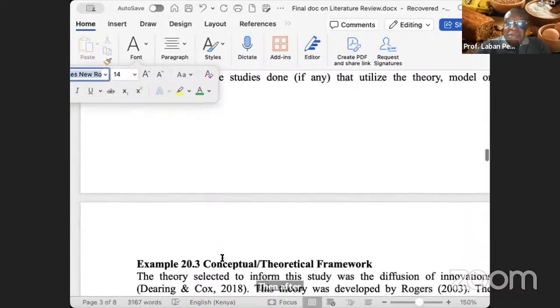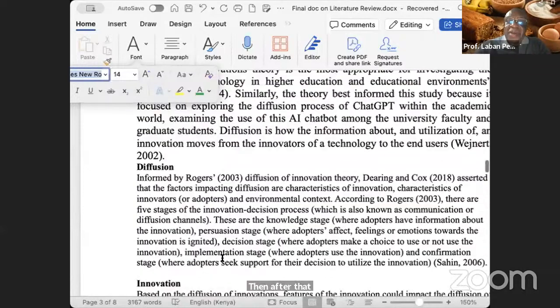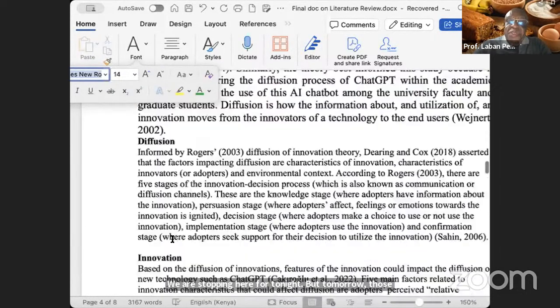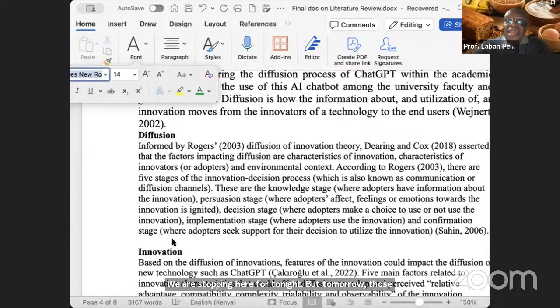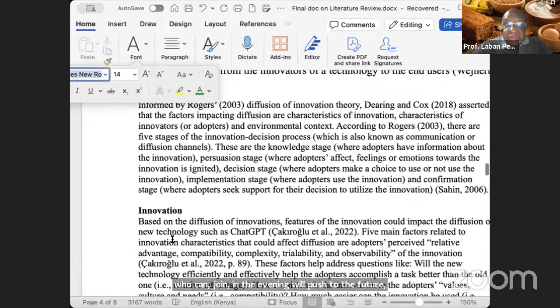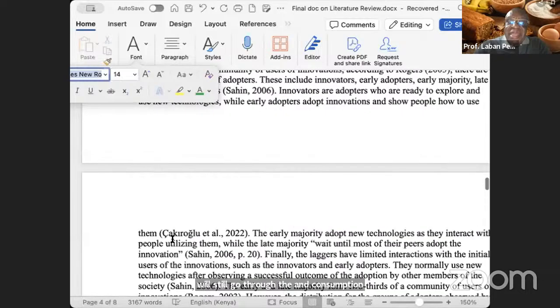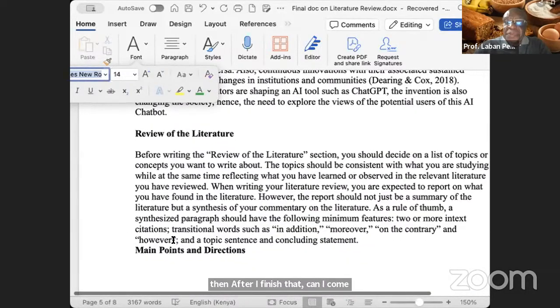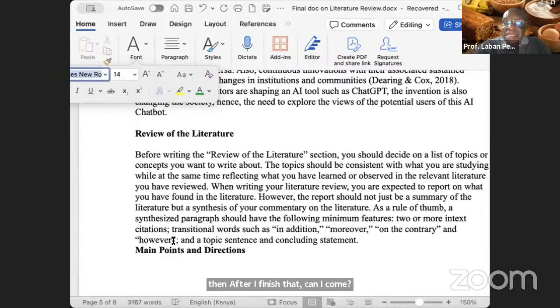after you've done the conceptual and theoretical framework, we are stopping here for tonight, but tomorrow, those who can join in the evening will push to diffusion, will still go through the theoretical and conceptual framework, and then after I finish that, we can now come to the literature review and how to construct it.